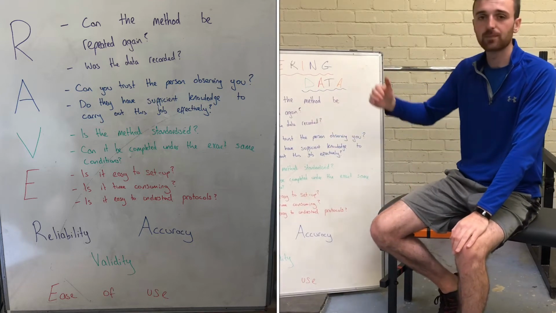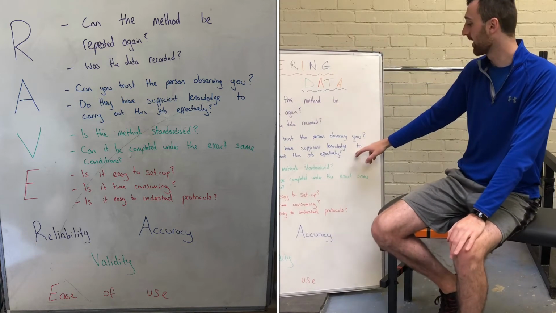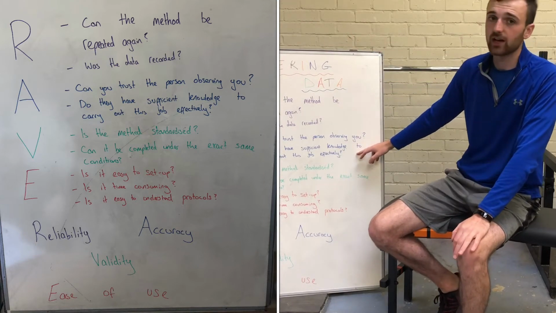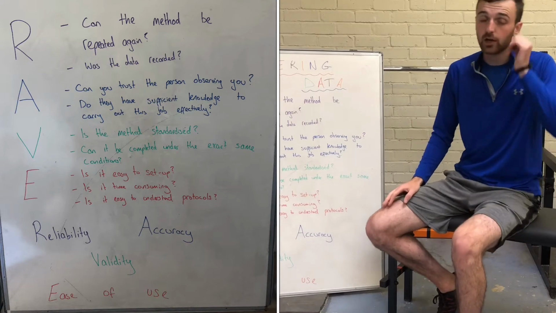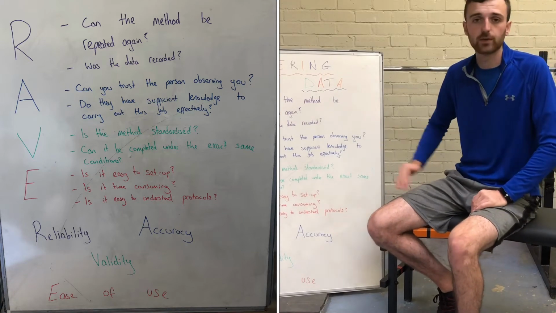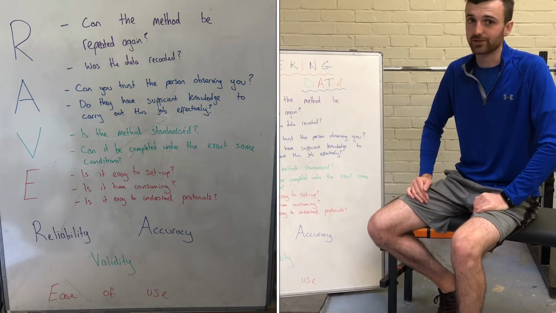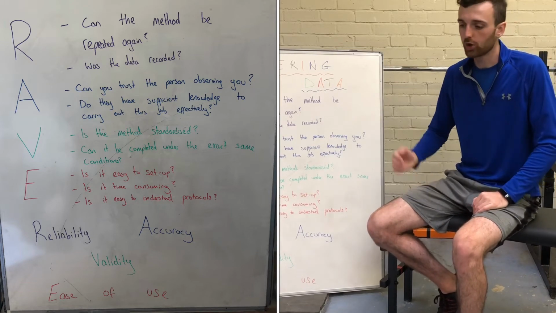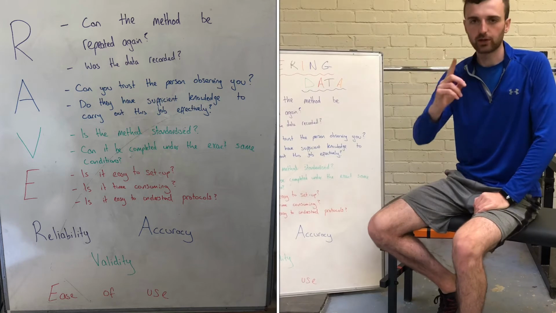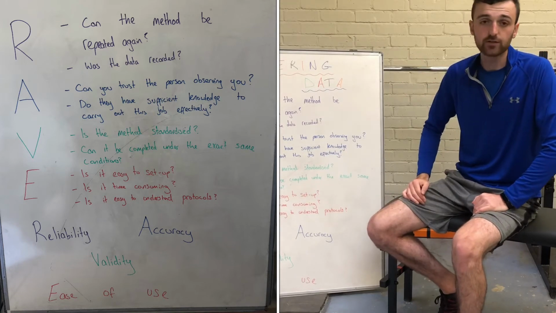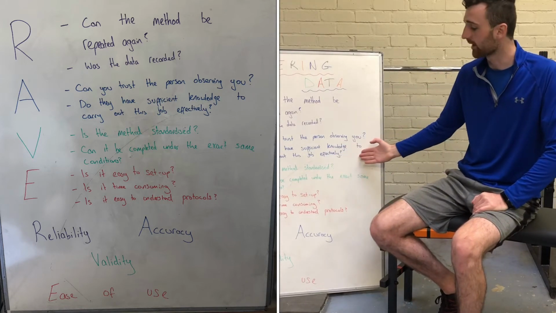So can you trust the person observing you? Do they have sufficient knowledge of what they actually have to do to carry out the job? So for example, when we were doing our 12-minute Cooper run, some of our informed observers weren't that observant and didn't watch the runners running around the 12-minute Cooper run as well as they could have, so the test results were not accurate.